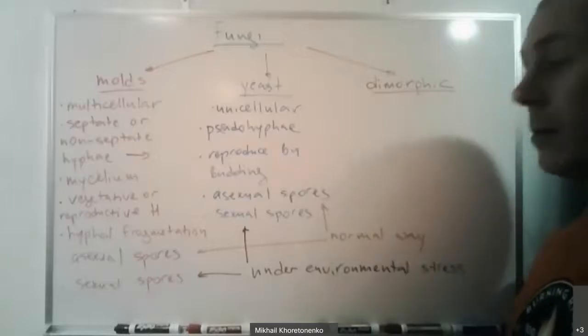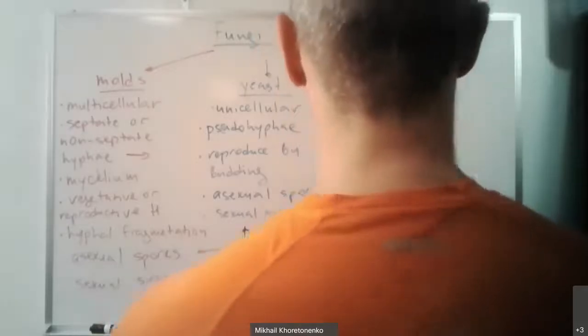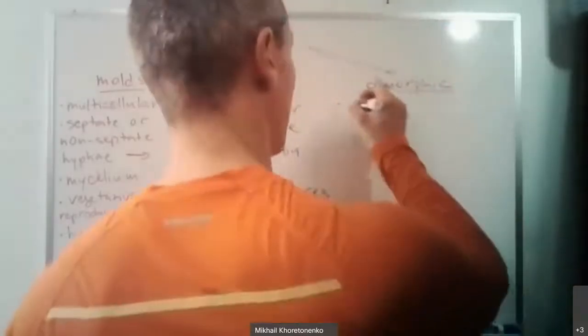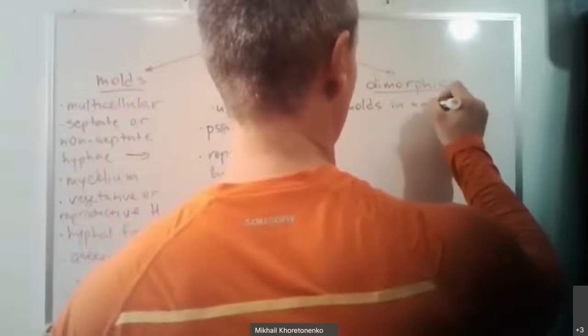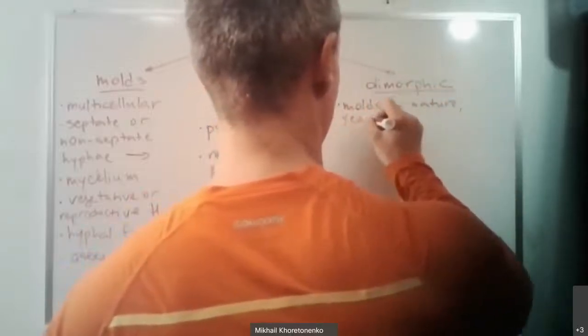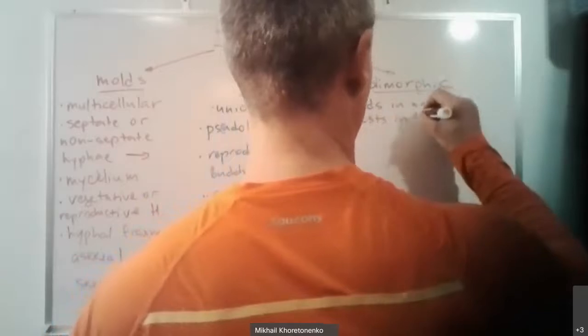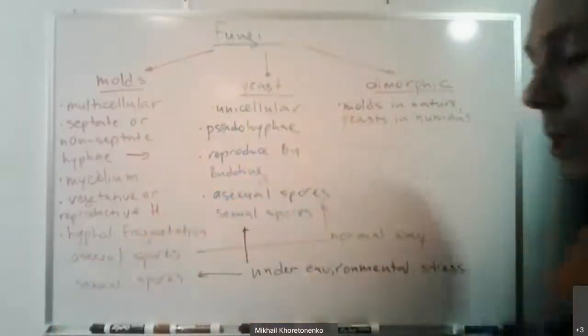Now, what are dimorphic fungi? Dimorphic fungi are the ones that grow as molds in nature, yeasts in humans. We already encountered this.